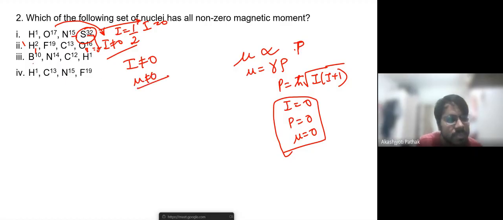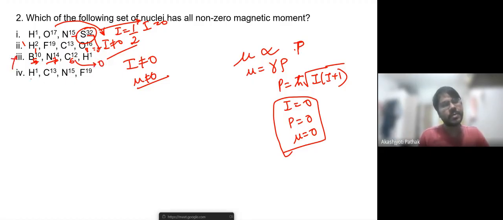Here in this case, B10, with atomic number 5, will have an integer spin quantum number. N14, with atomic number 7, will also not have a zero spin quantum number. C12 will have 0, so this option is false.